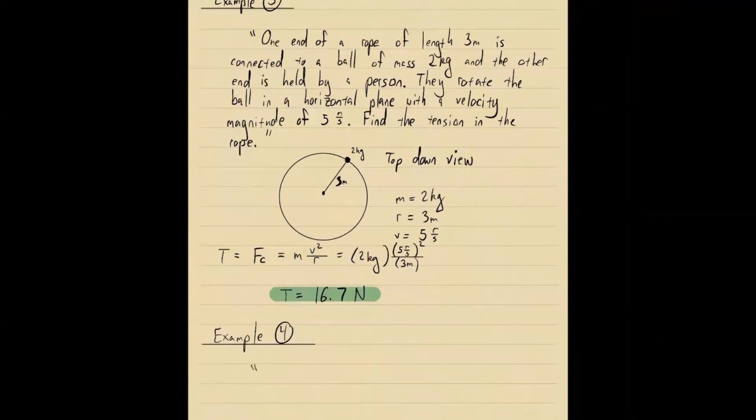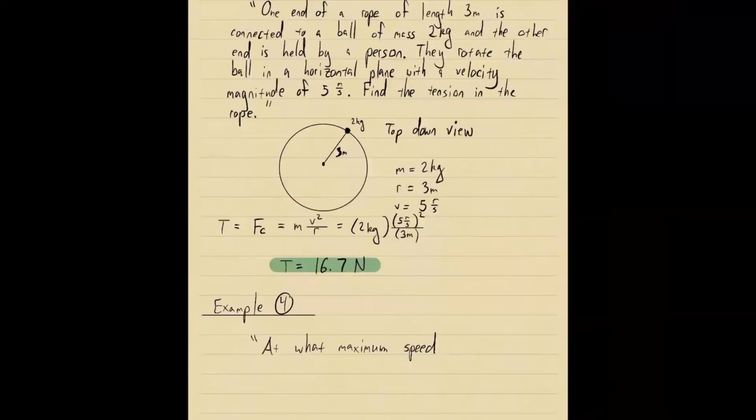Example 4 says, at what maximum speed can a car safely negotiate?